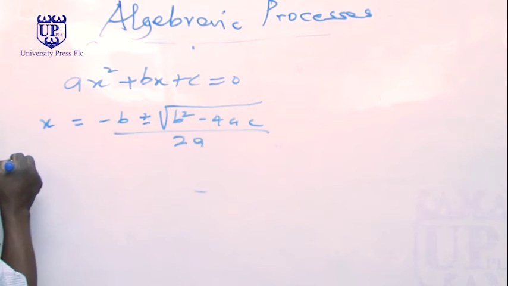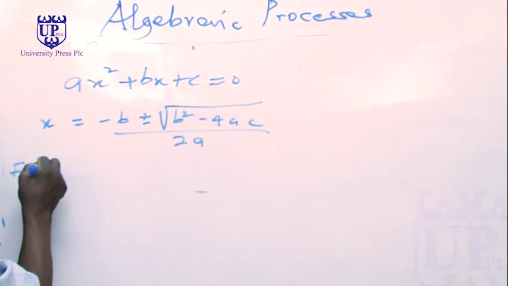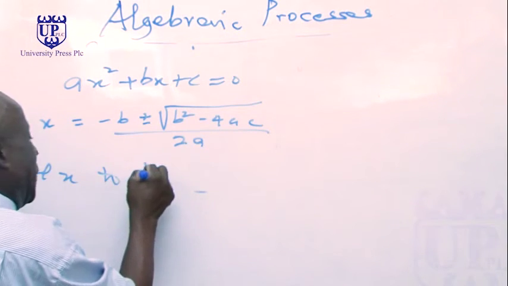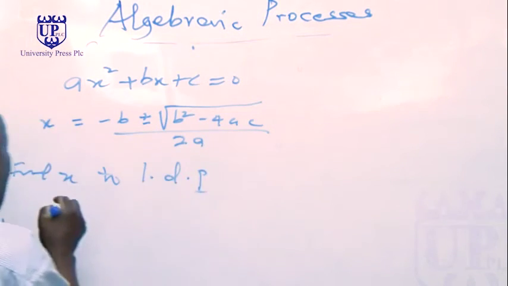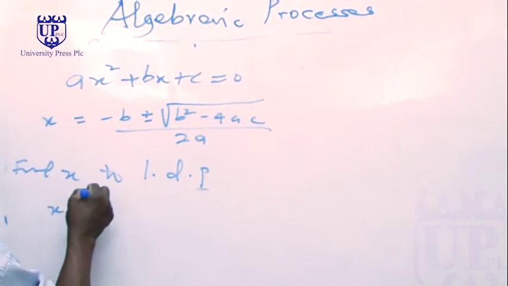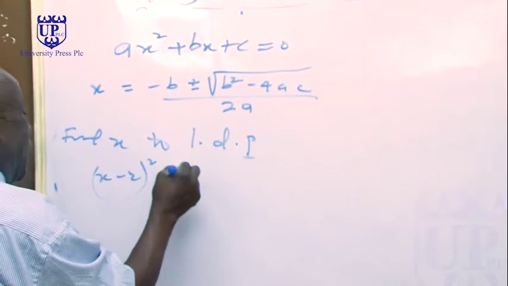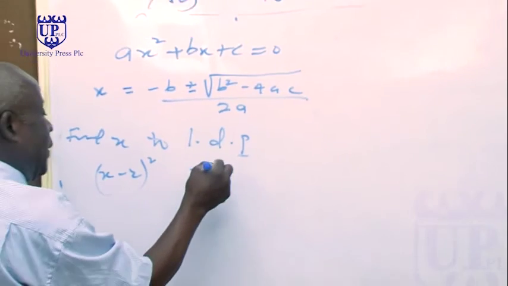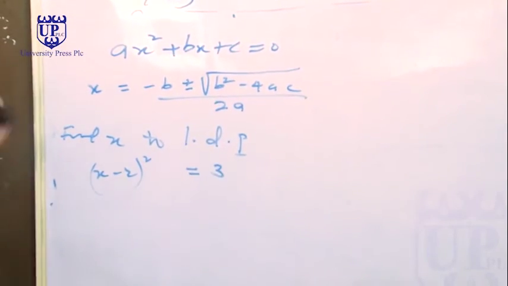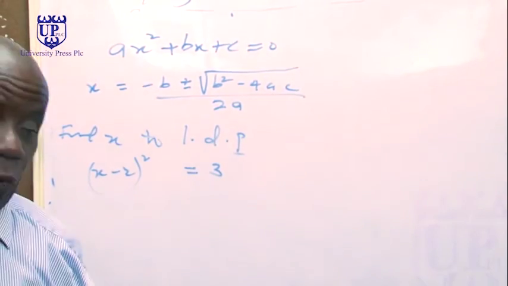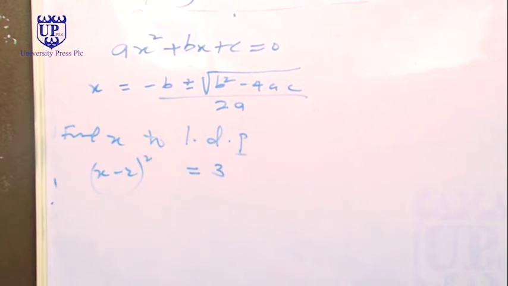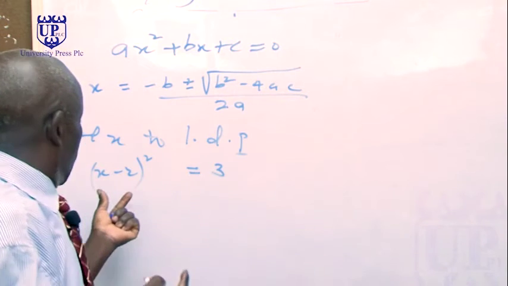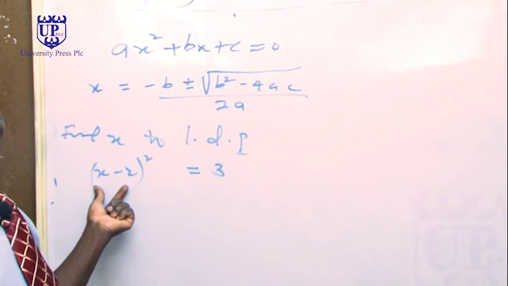The question says find x to one decimal place. X minus 2 all squared equals 3. Now, this is the difference of 2 squared. You can take 3 to the other side, and there are two ways. You either open the bracket.